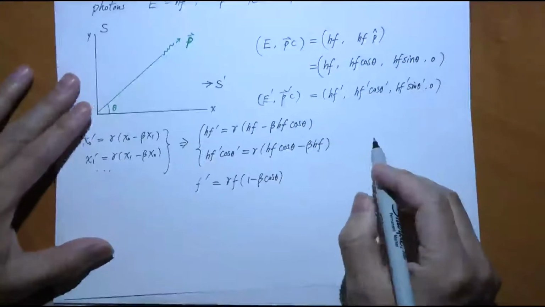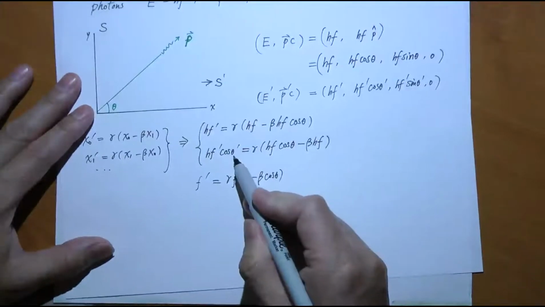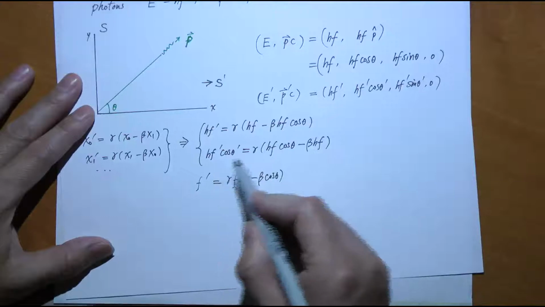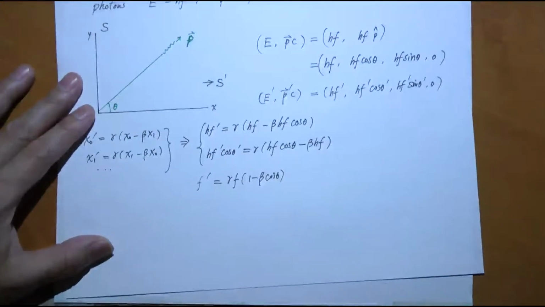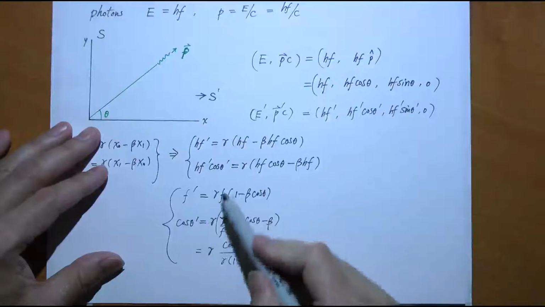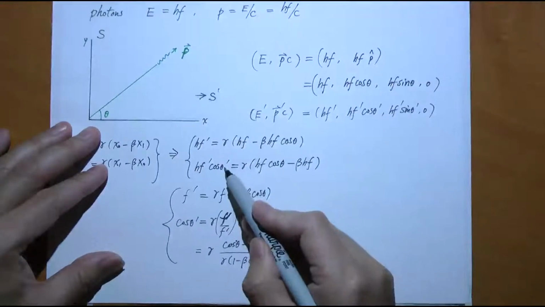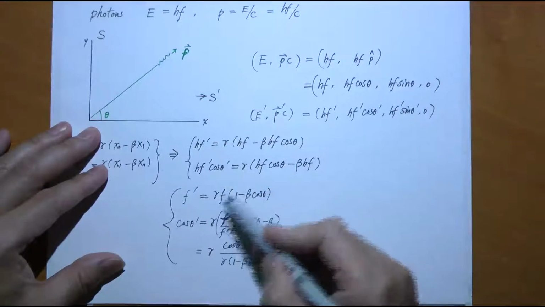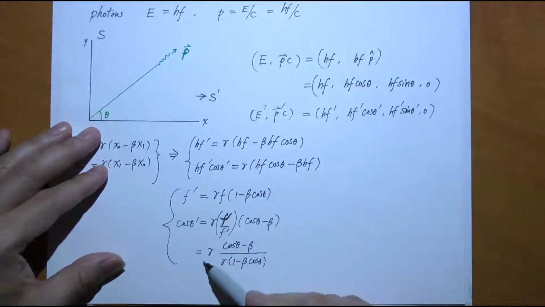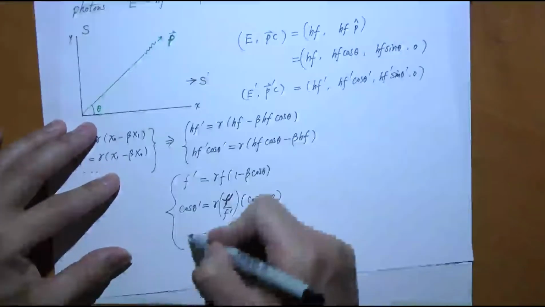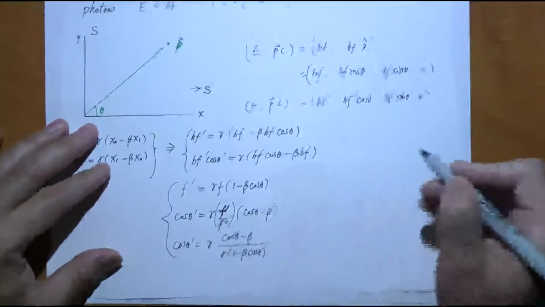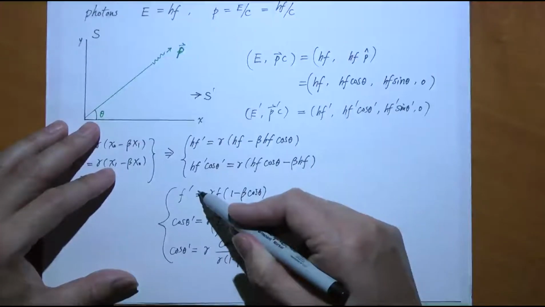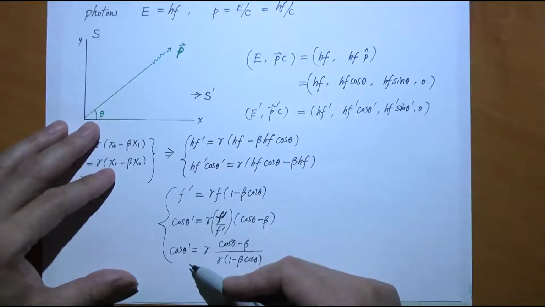And then you can also find theta prime in terms of theta now that you already know how F prime is related to F. So if you solve for cosine theta prime, also using the ratio of F over F prime from what we get here, this is how the angle changes. So that's cosine theta prime. We have now found what the frequency will look like in a new reference frame and what the angle of propagation will look like in a new reference frame.